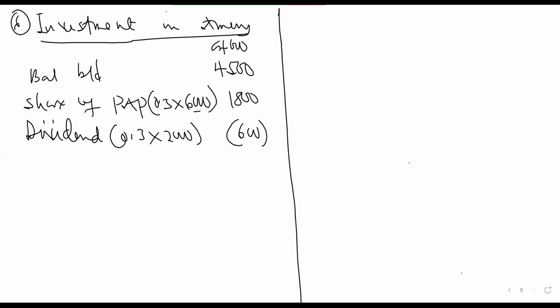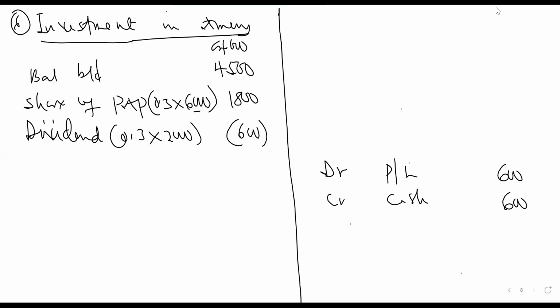This will be the entry. They will debit their profit or loss, which is that one with the 600. Then they will now credit cash of 600. That is the entry that they will be making.